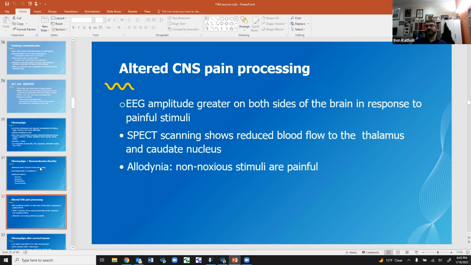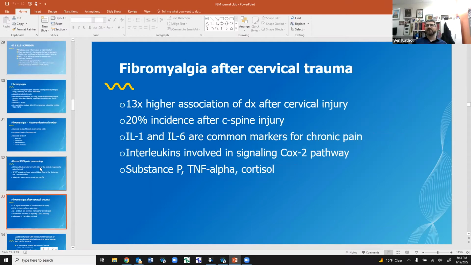And they have this really high sensitivity to non-noxious stimuli. One of the highest triggers is whiplash or cervical trauma. There's a 13 times higher association of fibro after cervical injuries. And so that's what they started looking at, because it would be the only homogeneous population that they could pick, because of all of the other influences that help develop chronic pain.